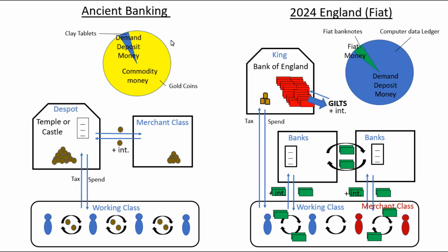So, in ancient banking systems, like, say, the ancient Babylonians, the vast majority of people never really touched money, because most people back then were essentially just slaves. And all the money that was circulating in these much smaller economies was commodity money.